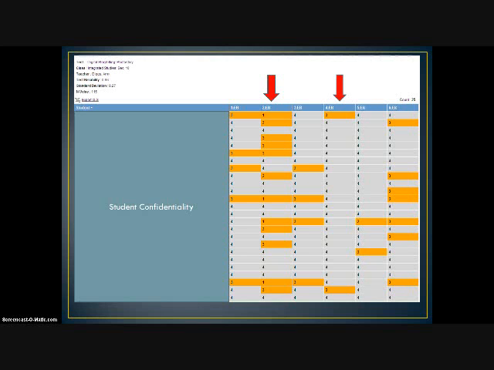I also can look at this chart horizontally. And so if you look at this chart horizontally, there are 3 students in this class where they did not master 4 of the 6 areas. So again, by a quick glance, that could tell me something about those 3 students.